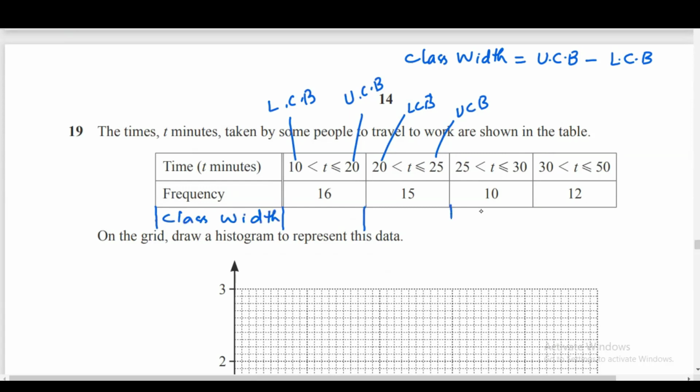So the class width of 10 till 20 is 20 minus 10, which is 10. I have written the formula: class width equals upper class boundary minus lower class boundary. For the second class, the class width will be 25 minus 20, which is 5.